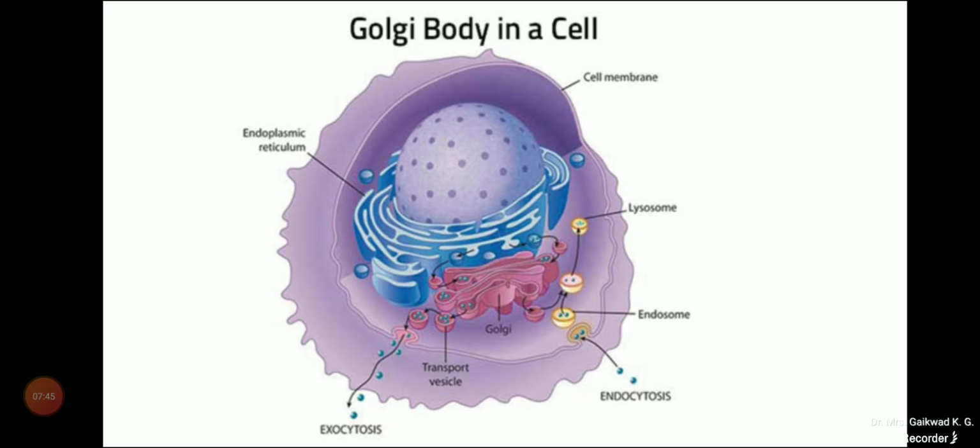While they are leaving the Golgi, certain markers may get impregnated on their membrane so that they can identify their specific target cell or cell organelle. So in this way, the Golgi complex is secretory in function.